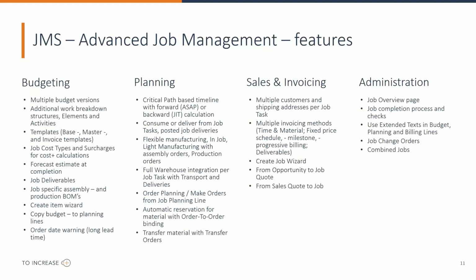We can create in the budgeting process job-specific versions of the production BOMs and assembly BOMs, create items on the fly, copy our budget to planning lines, and also have indicators for long lead time items that highlight if there is a long lead time involved and the ordering time is in danger.